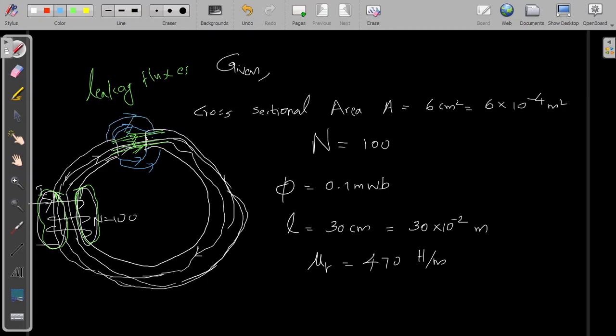What the examiner is telling you is that you neglect these two effects, that is leakage flux and fringing. This is known as fringing.